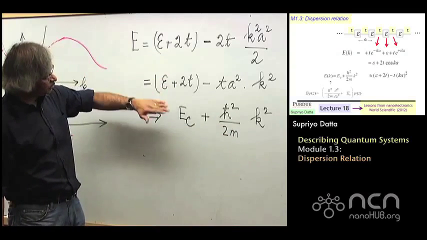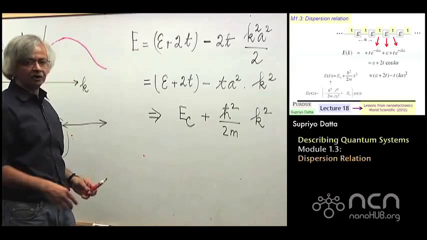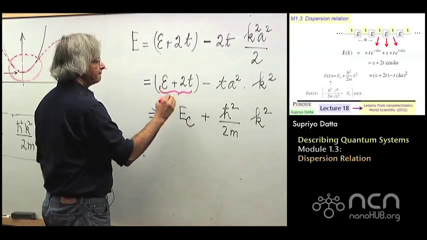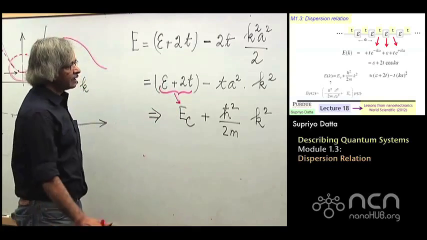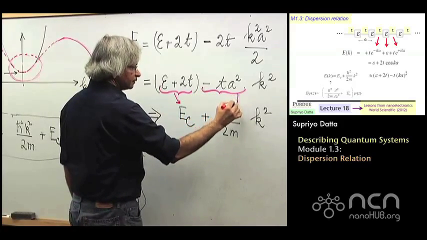So this is what we want to match. And so you can see immediately that what you should do is choose your epsilon and t such that this sum is equal to E_C, and this quantity is that.